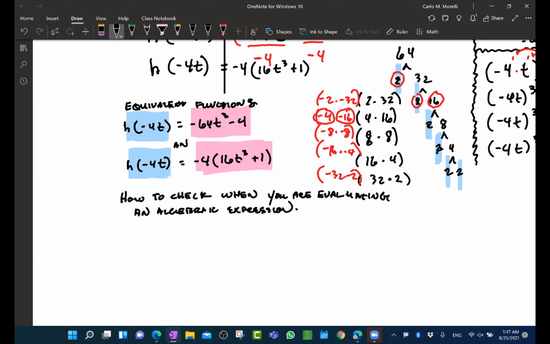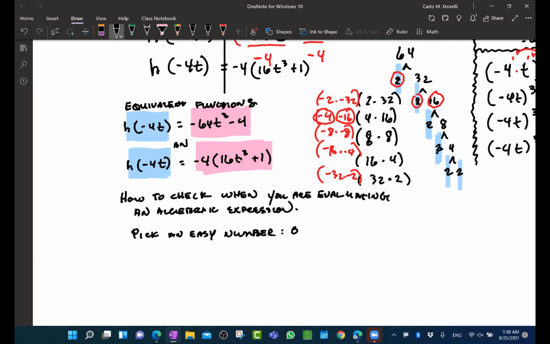Just pick an easy number. We're going to pick a few easy numbers, and one really easy number is 0. We're going to substitute that into our expression and see if we get the correct answer.